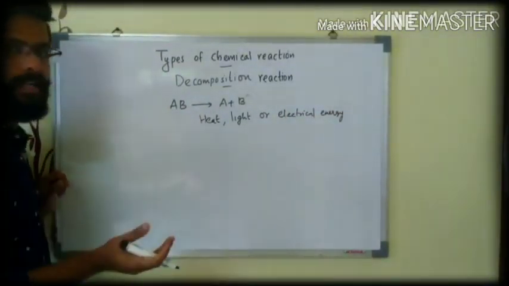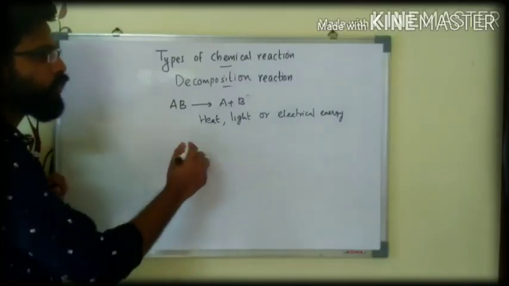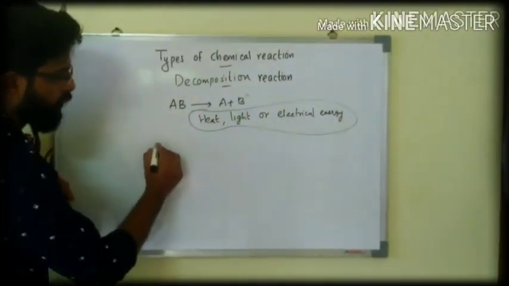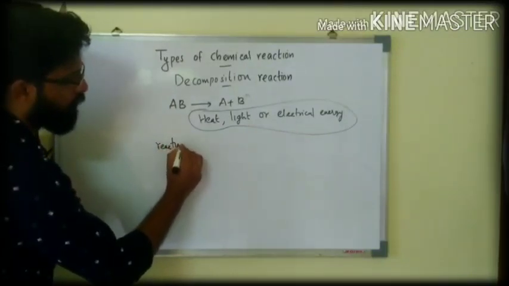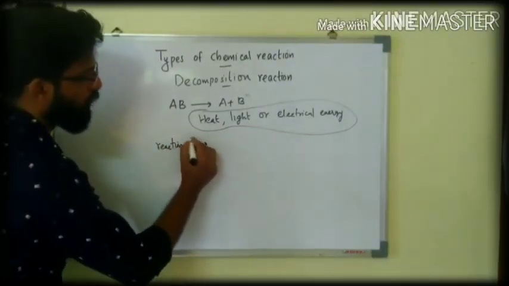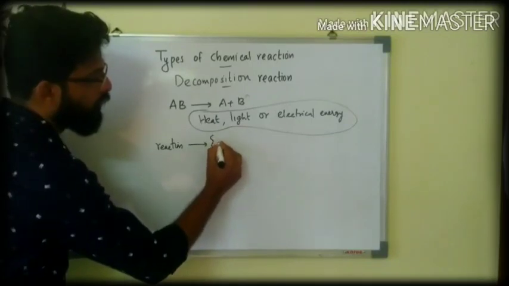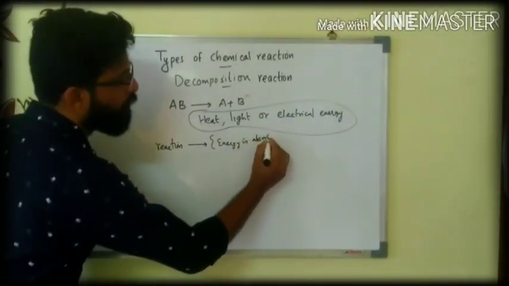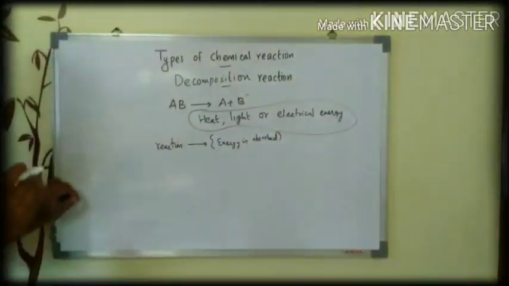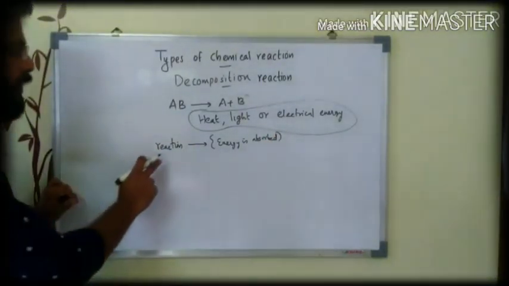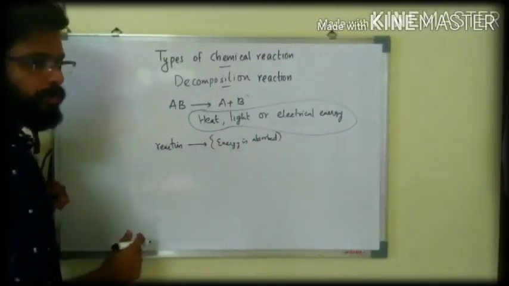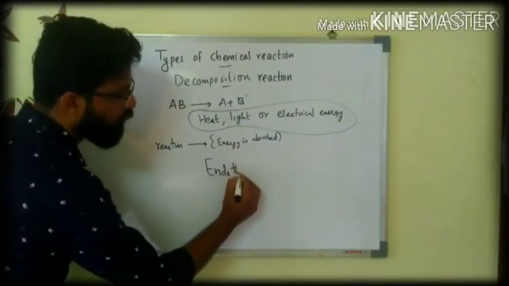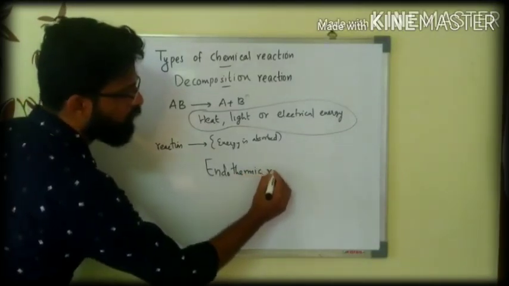If a reaction takes place in the presence of a source of energy, and energy is absorbed in the chemical reaction, that type of reaction is called an endothermic reaction.